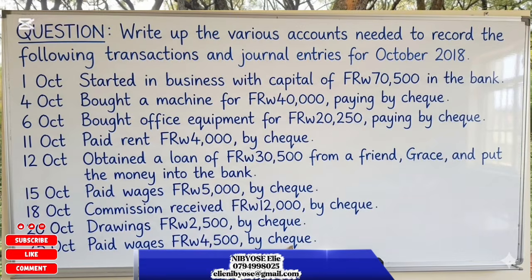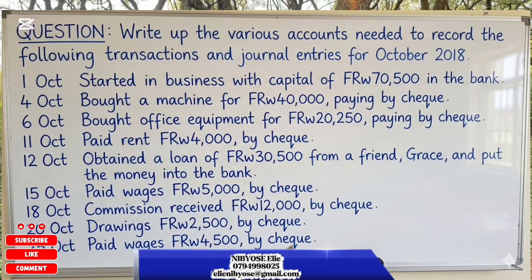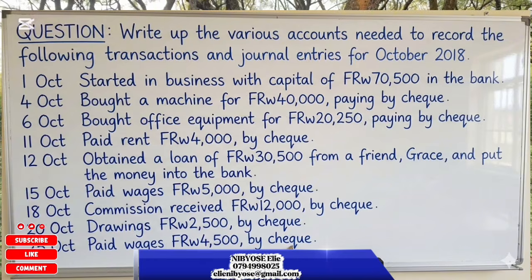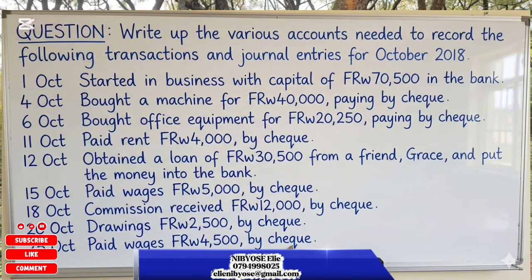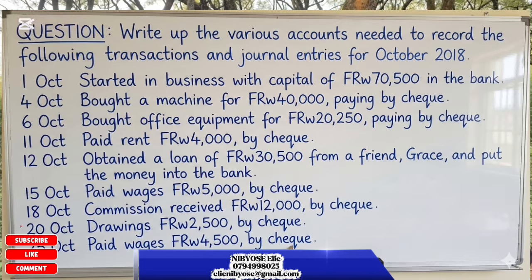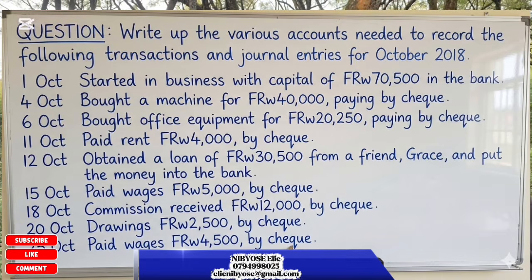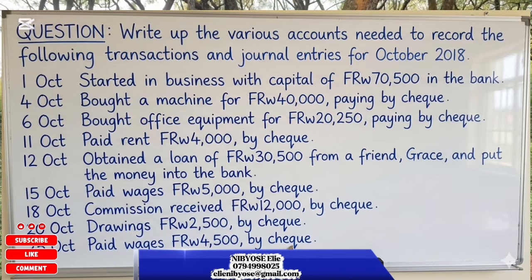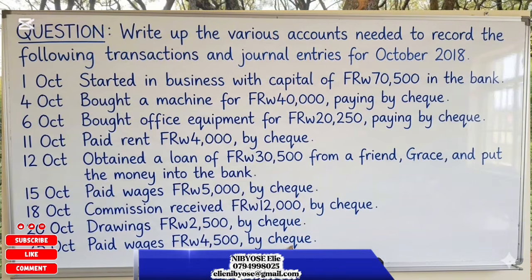So let's take an example. As a professional accountant, you are required to provide the journal entry of the following transactions. On 1st October, started the business with a capital of 70,500 in the bank. On 4 October, bought a machine for 40,000 Rwandan francs, paying by check.